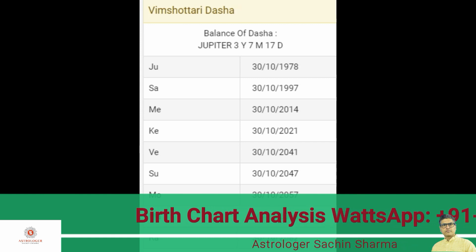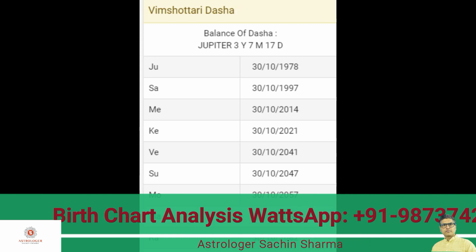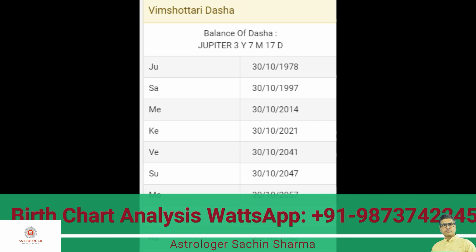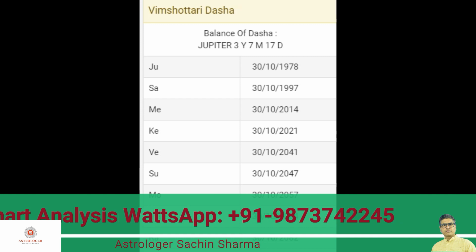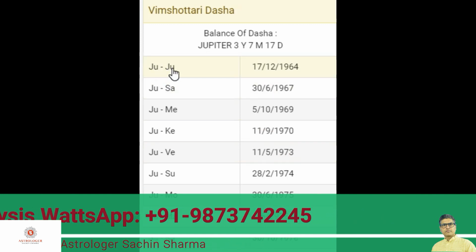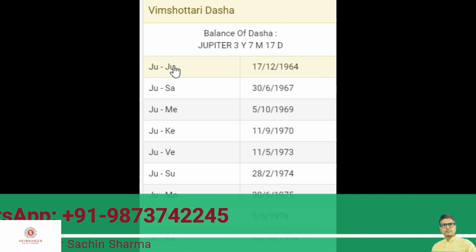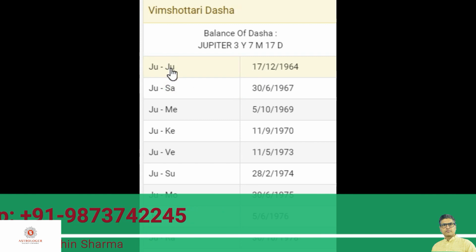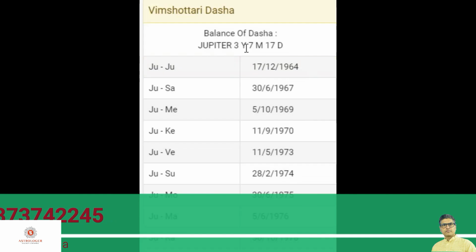Now, if we further expand Mahadasha, we can see that under Jupiter, Jupiter is written again. That means in Jupiter there is Jupiter Antardasha, and this particular period is the end period of this Antardasha. After Jupiter Antardasha, that means the second part of this position, Saturn is there.